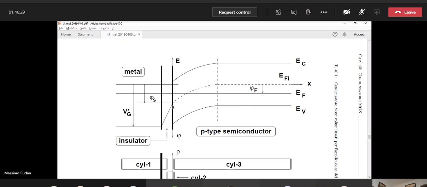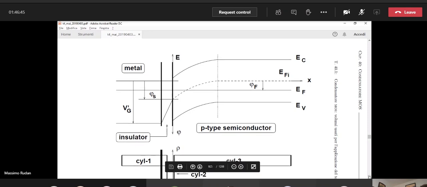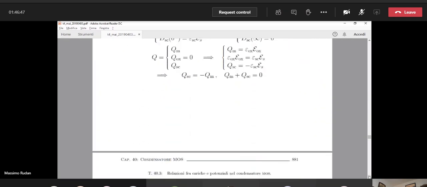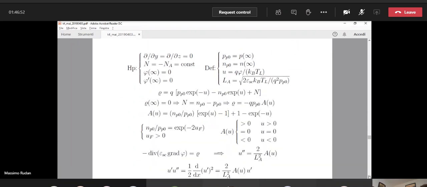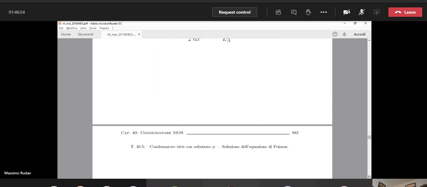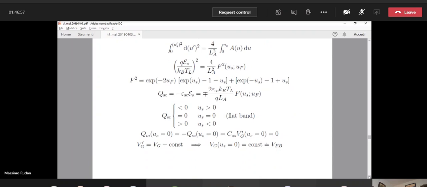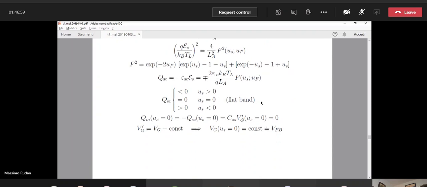So the curvature of the bands here and there, and also of the dashed line, vanish. So the bands are flat, fully horizontal everywhere. This condition is called the flat band condition. So US or phi s equal to 0 is called a flat band condition.